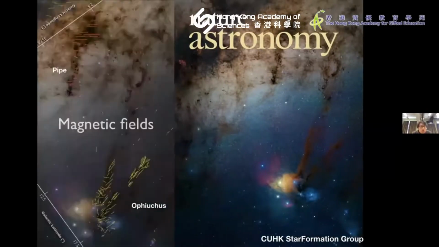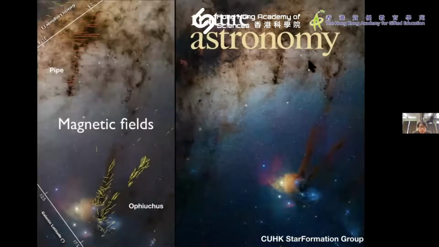until we tried to map the magnetic field. So this is another new thing we learned today: this cloud is not only moving very fast and very cold, but it also possesses a magnetic field. Here again is the Pipe. We see the red lines are the magnetic field that we detected. And in Ophiuchus, we also detect the magnetic field, shown by the yellow lines here.